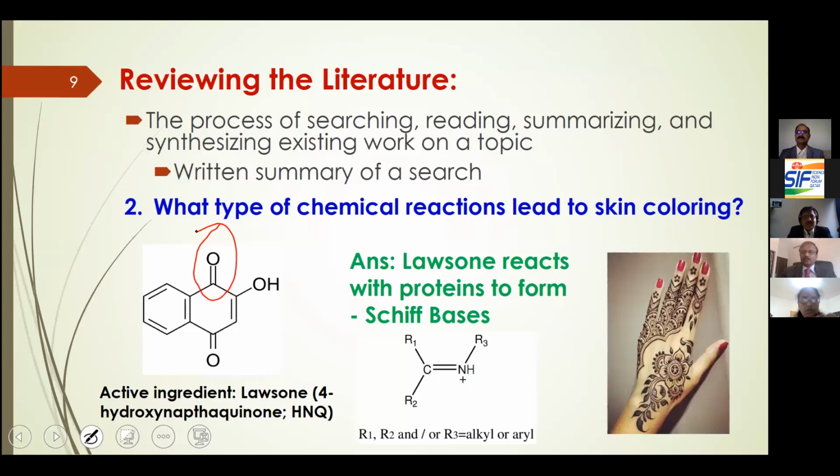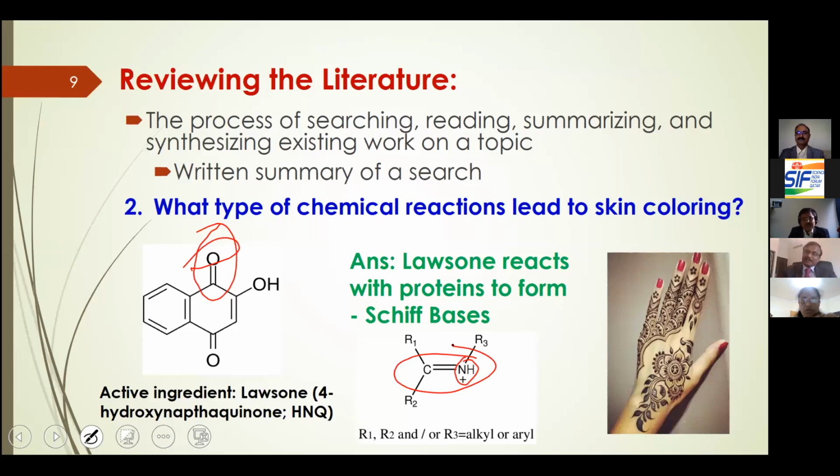And this keto group can also be present in other compounds as well. So that will react with a nitrogen and replace that oxygen with nitrogen and makes this compound, and that nitrogen gets positively charged, and that positive charge distribution is what makes the color appear. So this is what we learned.